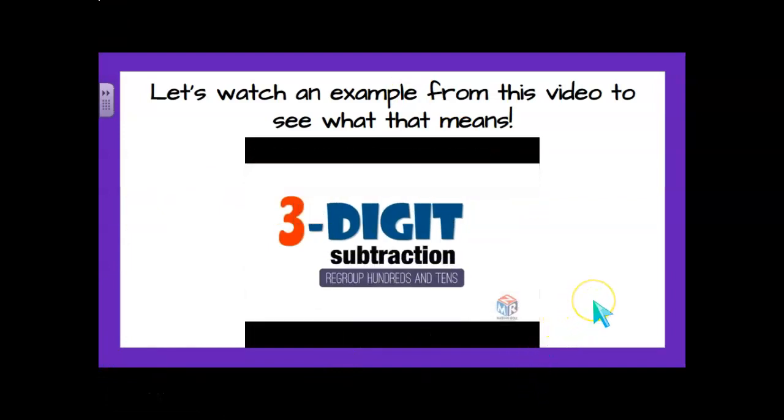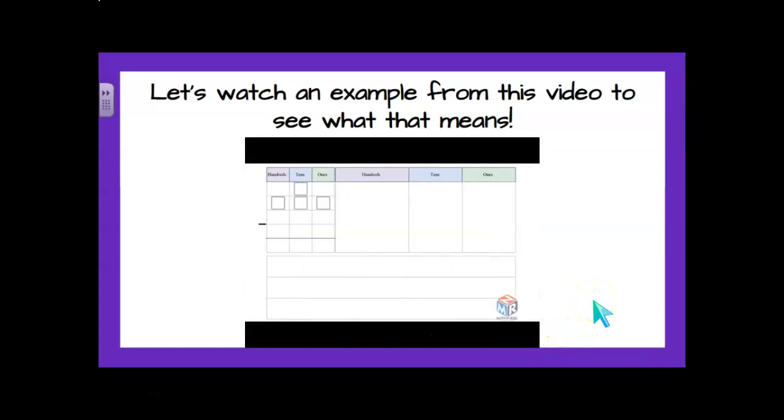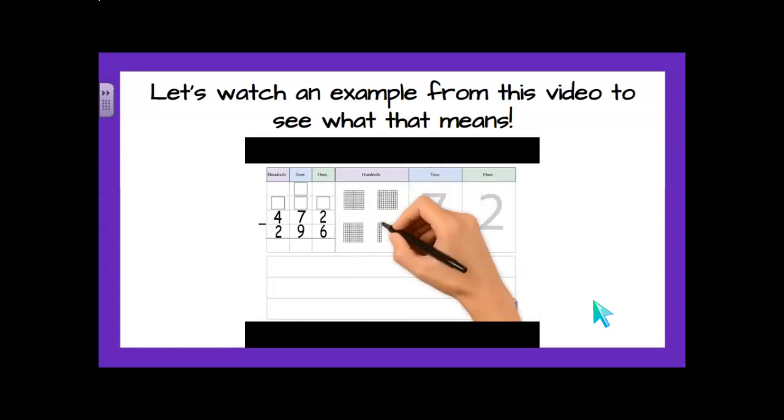Regroup the hundreds and the tens. Let's try an example. 472 minus 296. Let's draw it out. 472 has 4 hundreds, 7 tens, and 2 ones.